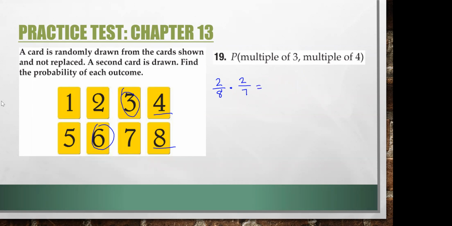Okay, so then I'm going to see if I can cross simplify, which I can with 2 over 8. 2 goes into 2 once. 2 goes into 8 4 times, and then the 2 and the 4. 2 goes into 2 once, and 2 goes into 4 twice. Then I multiply straight across. 1 times 1 is 1. 2 times 7 is 14. And that is my probability, 1 out of 14.